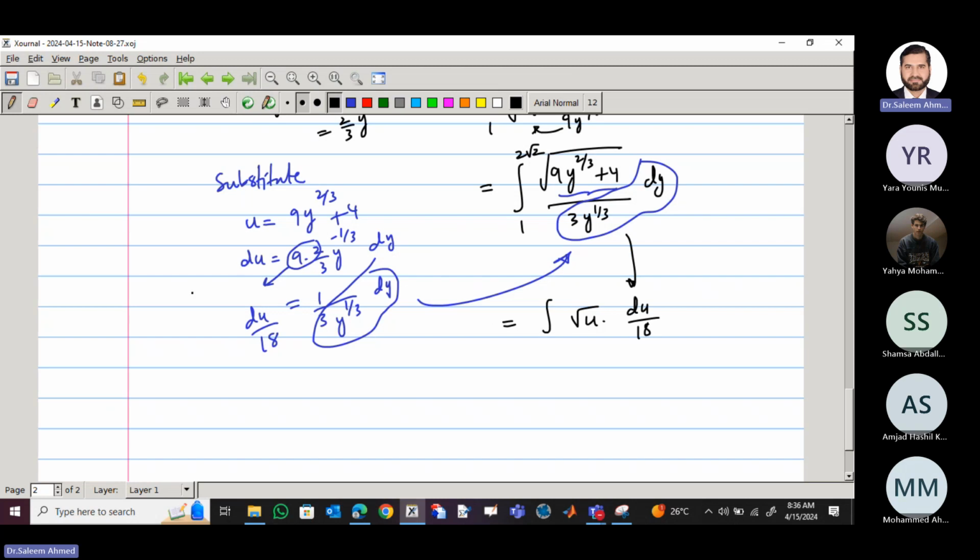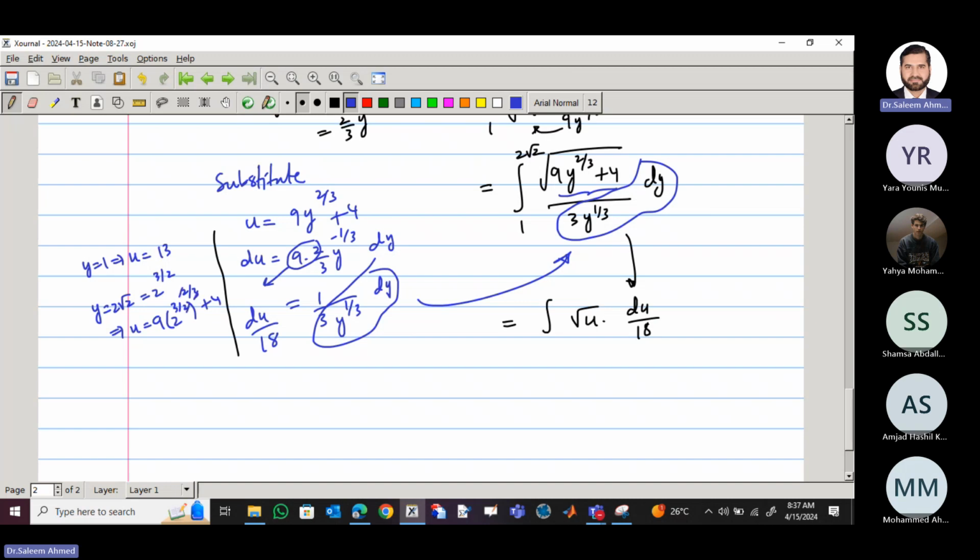And now we have to change the limits as well. When y is equal to 1, your u is equal to 9 plus 4, that is 13. And when y is equal to 2 square root of 2, which is basically 2 to the power 3 by 2, if I put this in u, you have 9 into y to the power 3 by 2, raised to the power 2 by 3, plus 4.